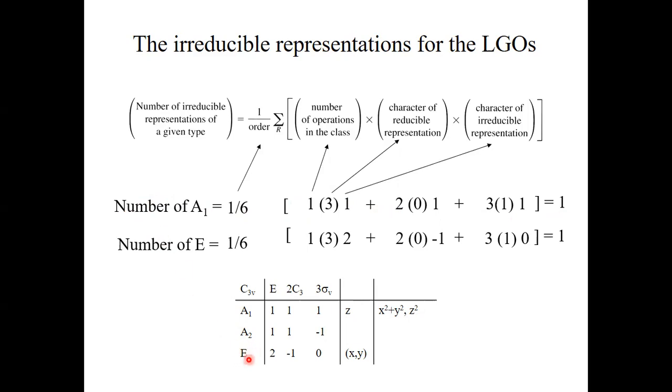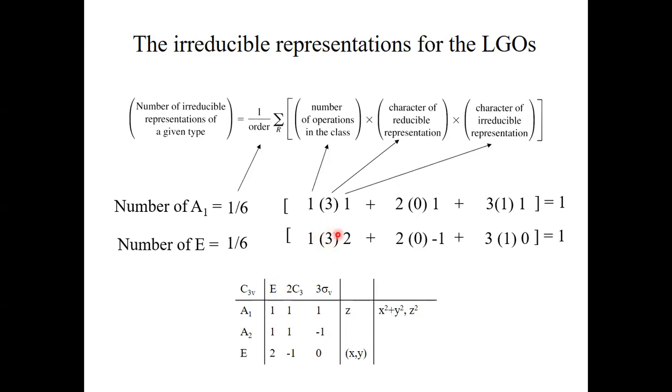Last but not least, we need to look at the E symmetry type, and let's do the calculation here explicitly again. So that's again 1 over 6 times the product for the identity, which is 1 times 3 times 2, because we have 1 operation in the class.